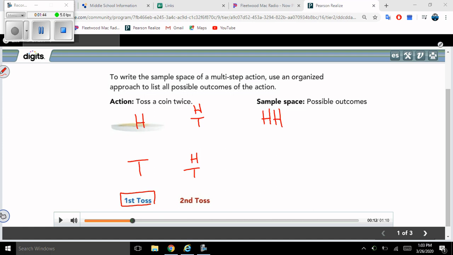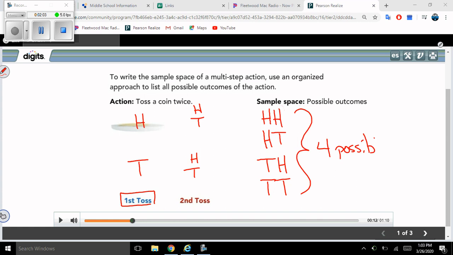I could flip heads followed by tails. I could flip tails first followed by heads on the second flip, or I could flip tails on the first flip and tails on the second flip. So all told, you have four possible outcomes in this particular situation.